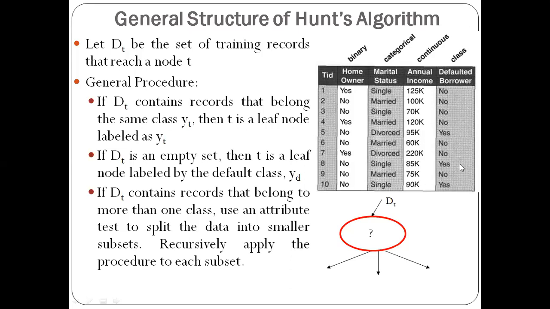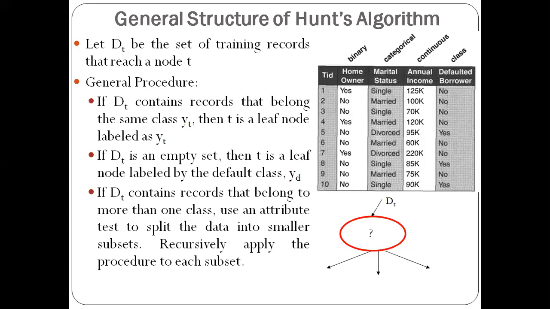Defaulted borrower means, suppose the person who has taken the loan has repaid the loan on time. At that time, defaulted borrower will be assigned the class label no. If he has not cheated, or has paid the loan on time, the class label we assign is no. Defaulted borrower no means that the person has correctly repaid the loan.